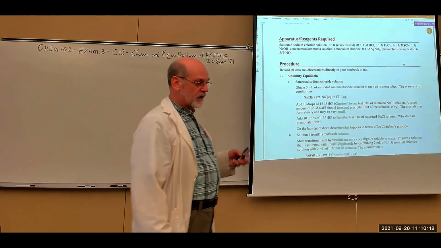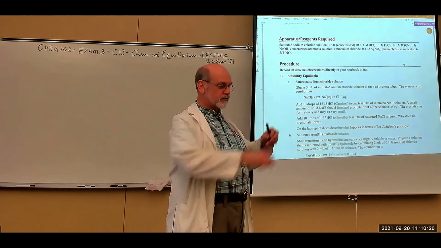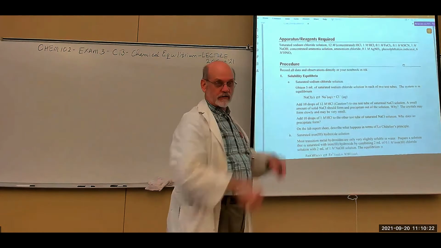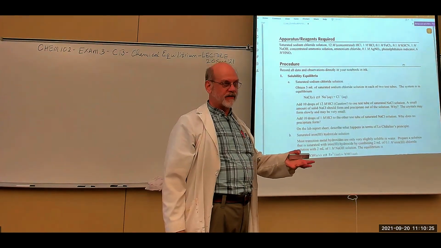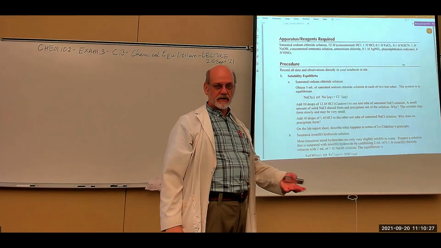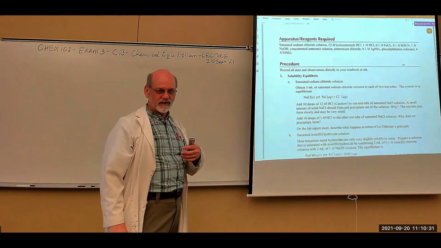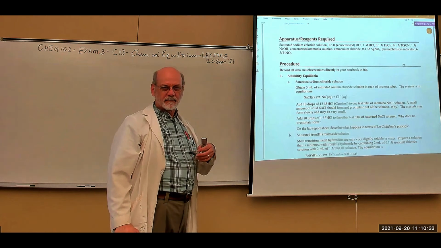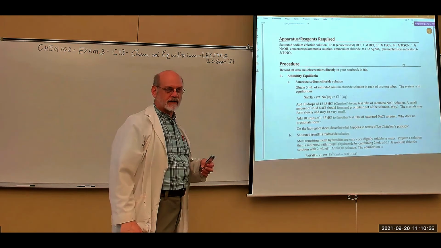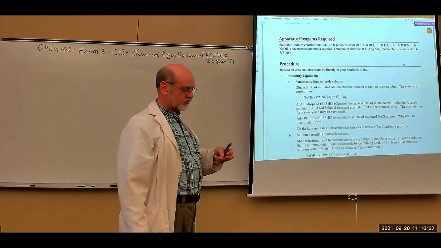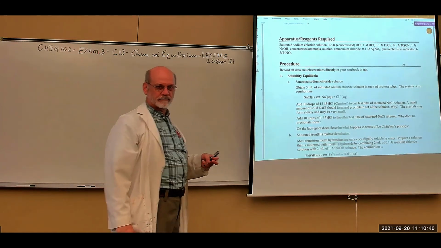Now, what you can do is on the day of the lab, you can just write in what was observed. You don't have to write the explanation right then and there. You can do that later. We want to get the lab finished before the clock strikes 12 and our coach turns back into a pumpkin.